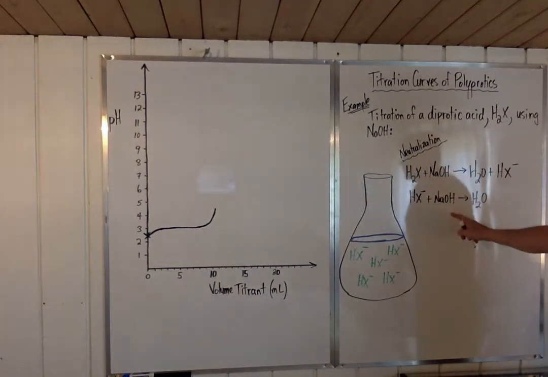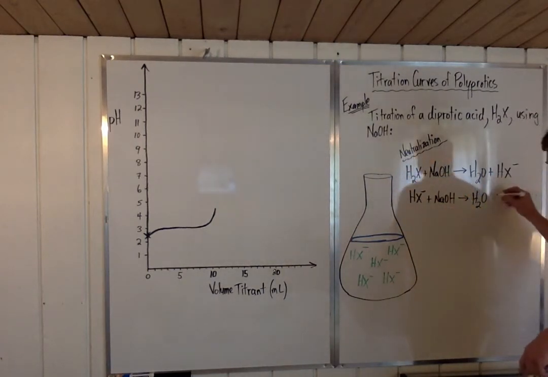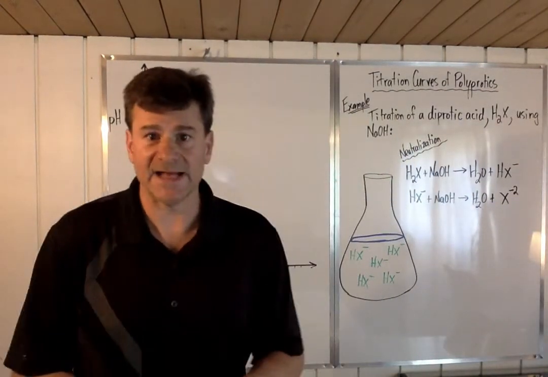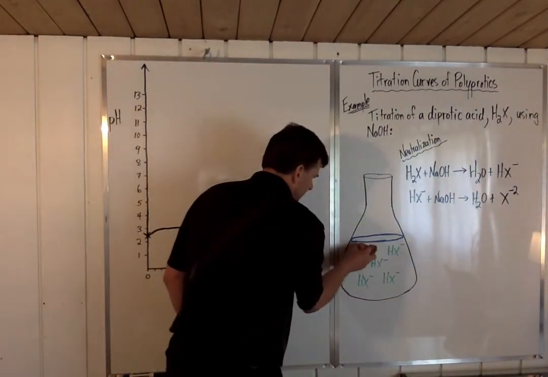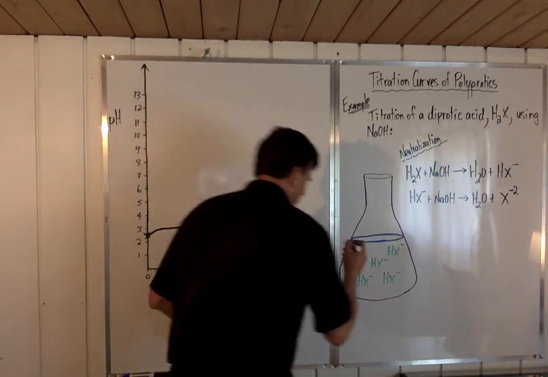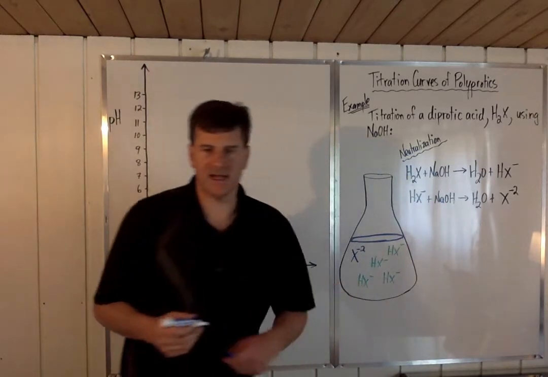So the NaOH and the H from the HX minus are going to form water plus X minus 2. I took that last hydrogen off of there, which means I've taken this guy and I've now removed the final H, and now it's X minus 2.